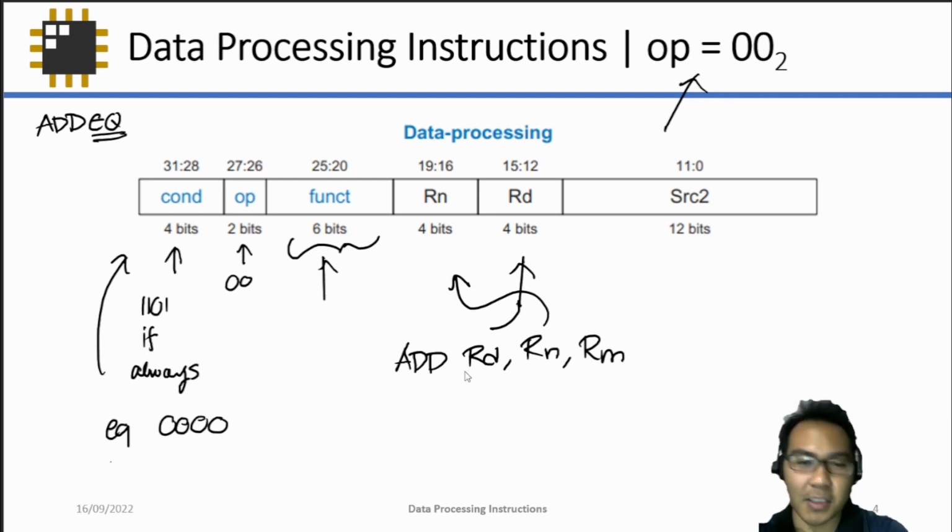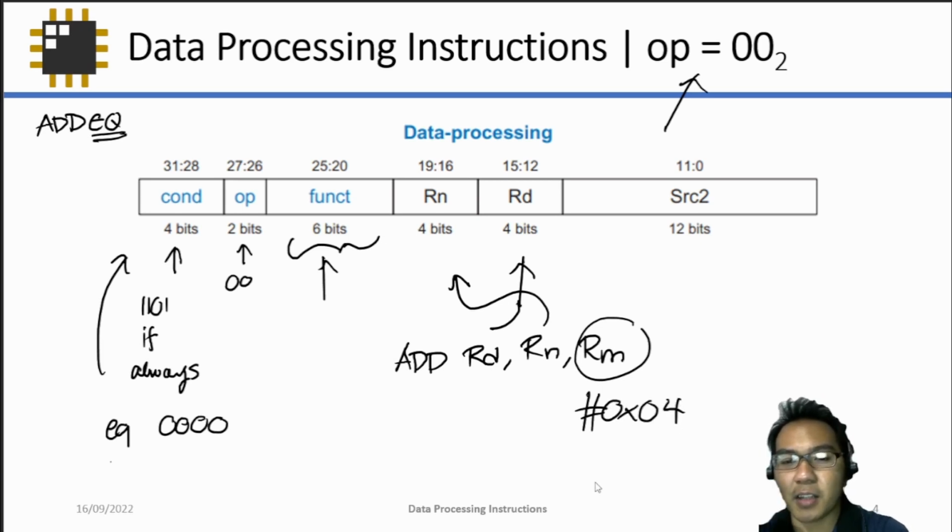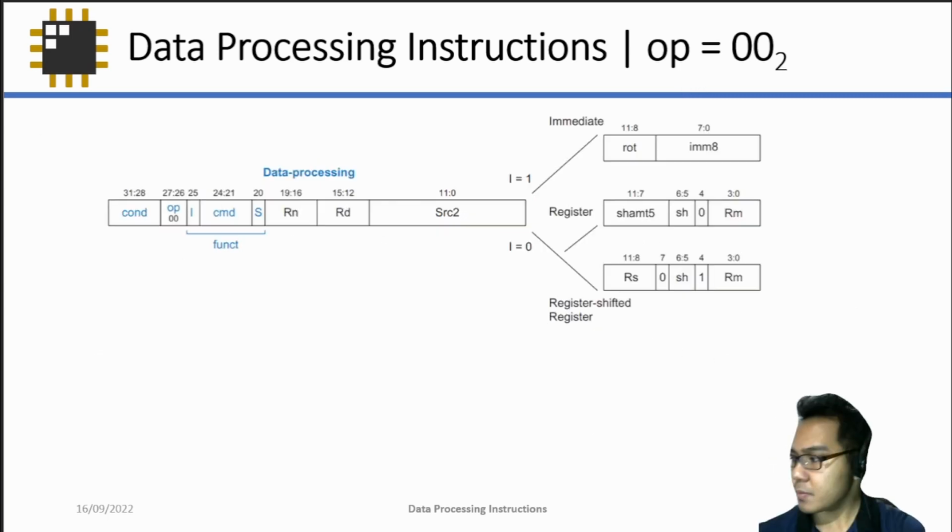So that guaranteed register operand is going to be RN, which is always placed here. What about RM? Well, the thing with RM is you're actually not sure if it's there, because sometimes you can have immediates as input to the add instruction. So that's why we have source2. So source2 is something that varies. So you can see that in this next slide.